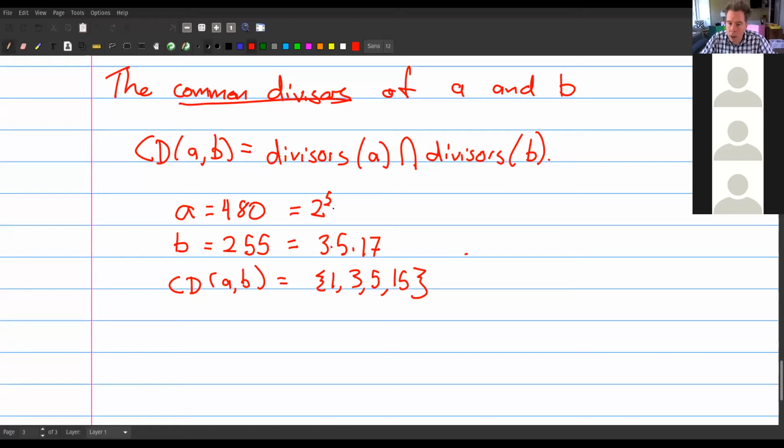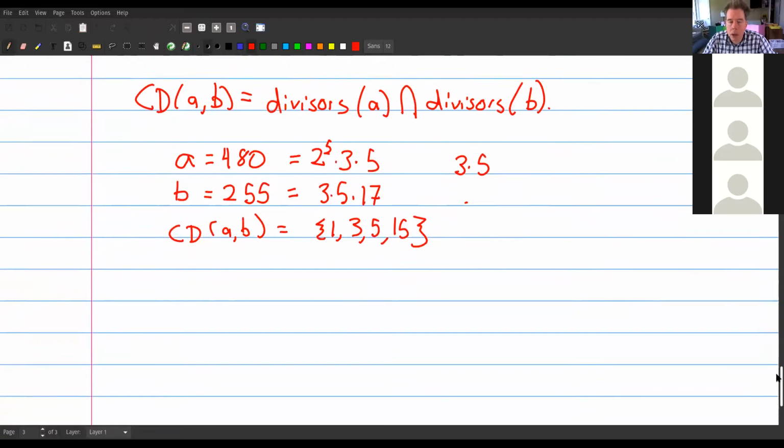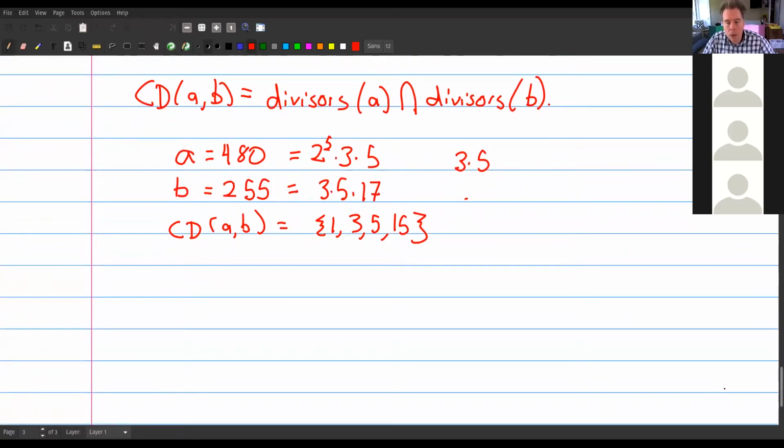So now, of course, they are both divisible by 1 and by 3 and by 5 and also by 3 times 5. So those are all the common divisors. If you factored two numbers, then it's easy to figure out the common divisors from the prime factors.